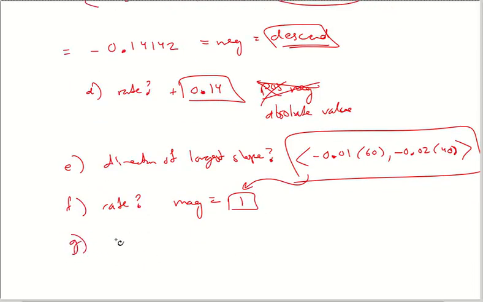G is the strangest question ever. Let me try to put it in the language they're saying. I'm trying to remember what they're asking. They're saying something about, what's the angle with the horizontal at which your slope at the maximum is going? What angle? And that just is strange. It's going to just be the arctan, by the way.